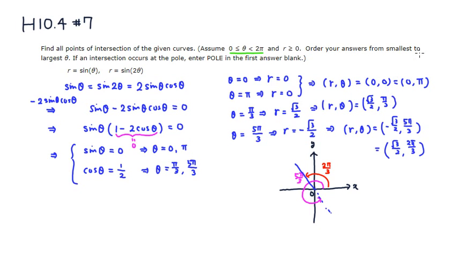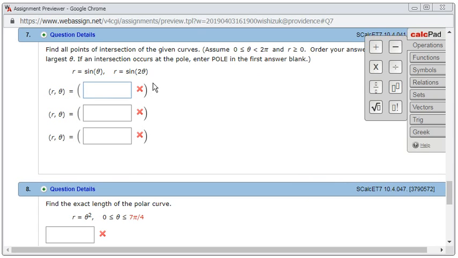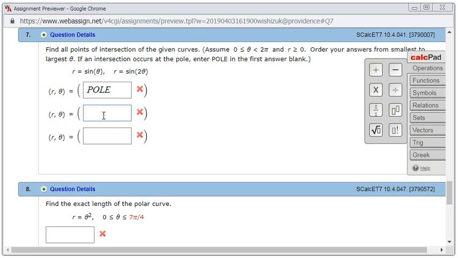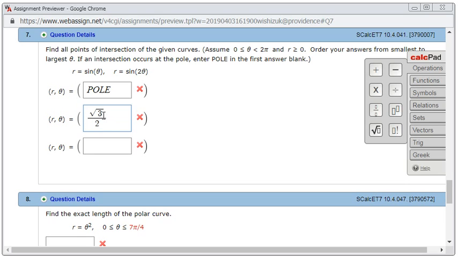So let's type it in. We got the origin, and I guess we have to type in pole for that, P-O-L-E. The next one is square root of 3 over 2, comma, angle pi over 3.